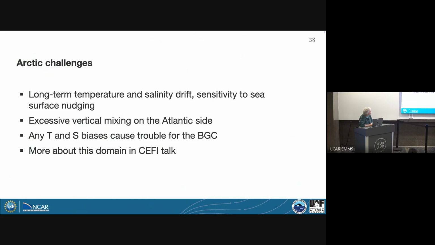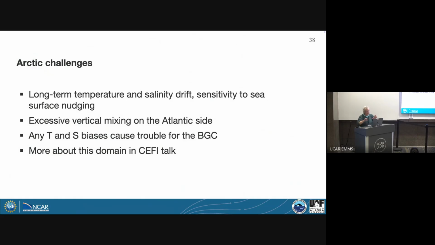Arctic challenges: various temperature and salinity drifts, sensitivity to sea surface salinity nudging, excessive vertical mixing on the Atlantic side. And Teresa Cordero has taken over the running of this domain, and she has added a nudging to climatology around the edges. So that's another input field you might have to generate at some point, what we call sponging in MOM6 world.